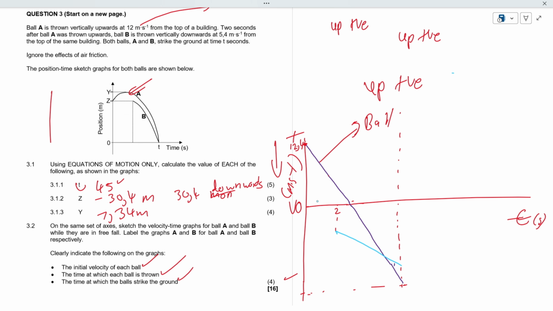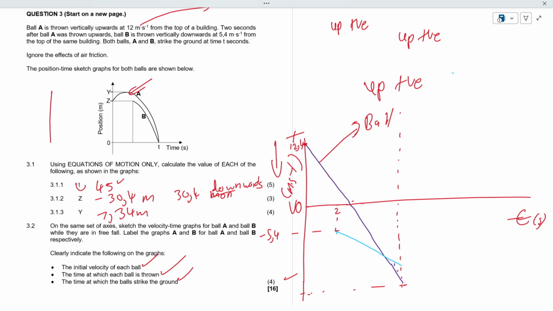So now I want us to note certain parts. This is the velocity at which this one is going to be thrown down. So let me do this. This is the velocity of negative 5.4. And then this is the velocity that it is going to end with when they strike the ground.